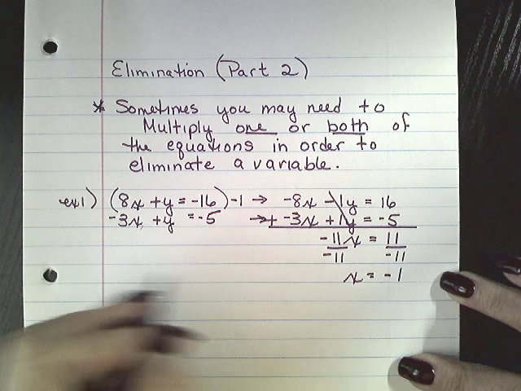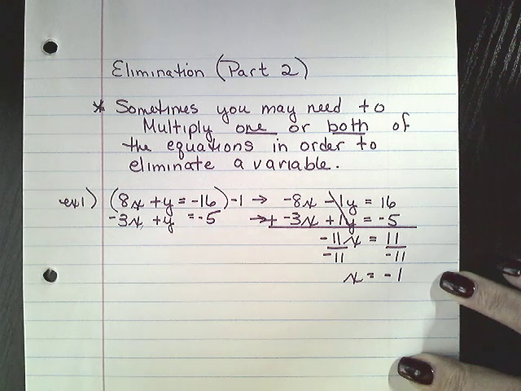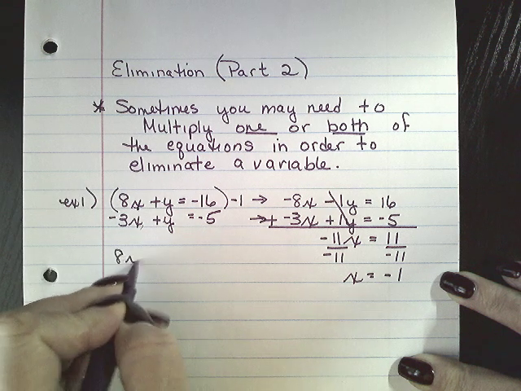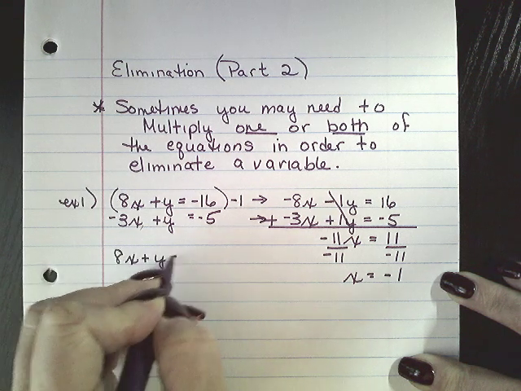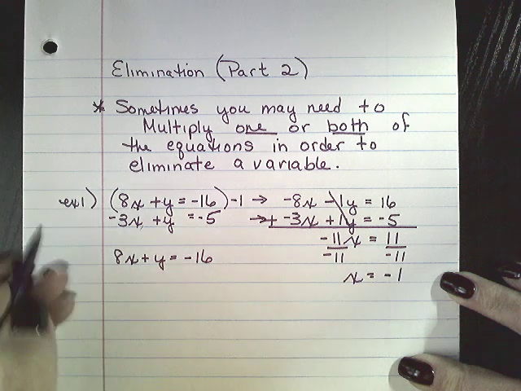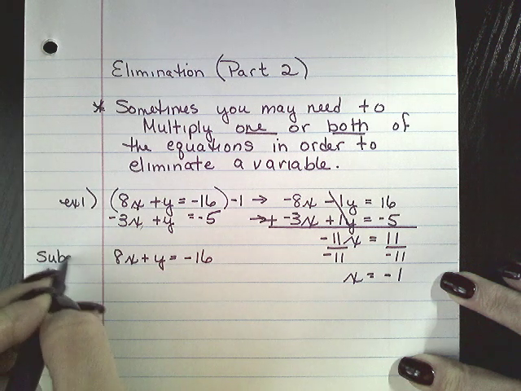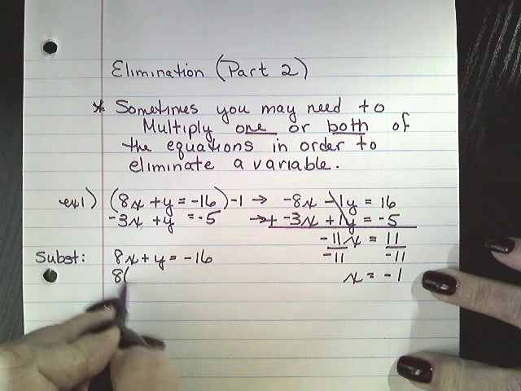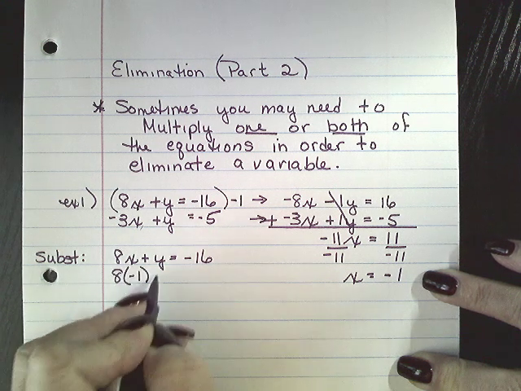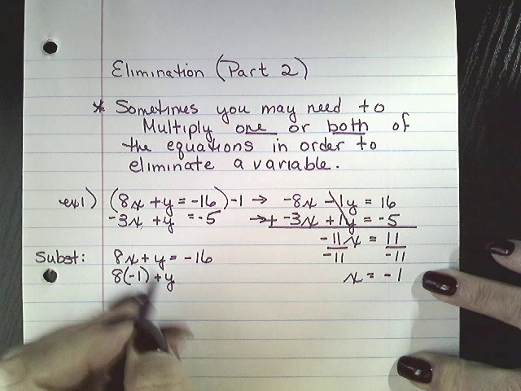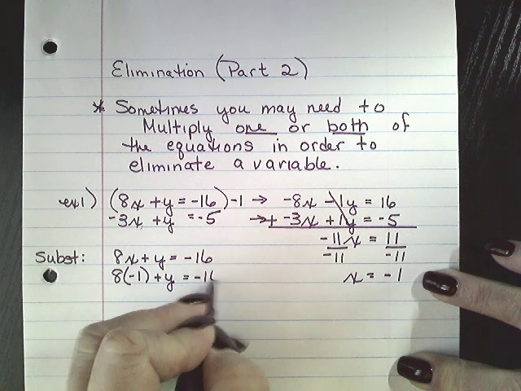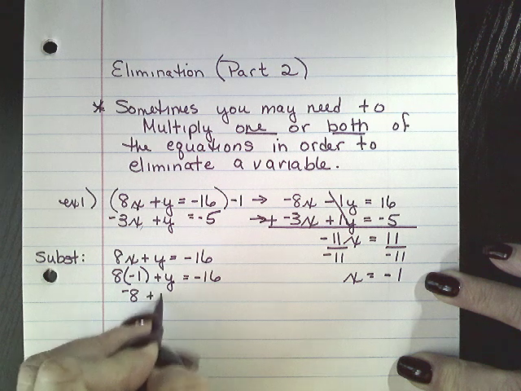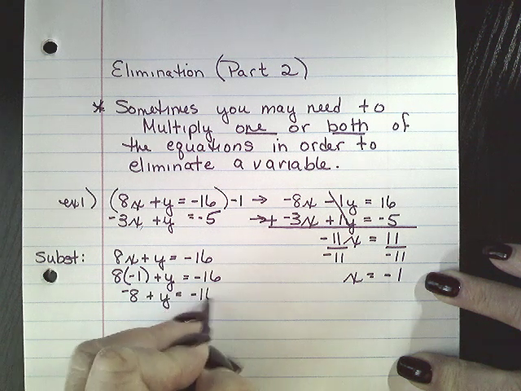So I know that I have to substitute, and this is where it's important that you go with one of the original equations. So I'm going to use 8x plus y equals negative 16. Substitute. So my x is negative 1, so 8 times negative 1 plus y is equal to negative 16. 8 times negative 1 is negative 8, plus y is equal to negative 16.